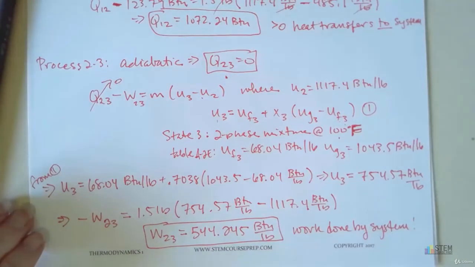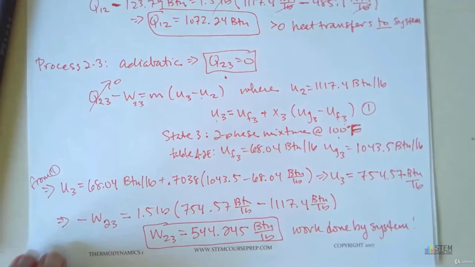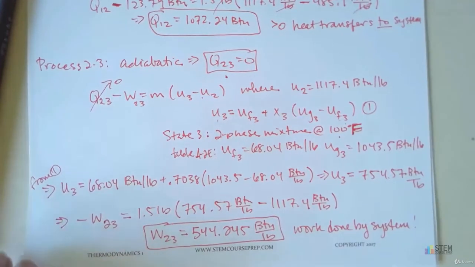Now we got 2 more processes to go. We got to go from 3 to 4 and then 4 to 1. Okay, so let's get started on that next one. Now, for state 4, we don't really know anything about that except for the temperature.